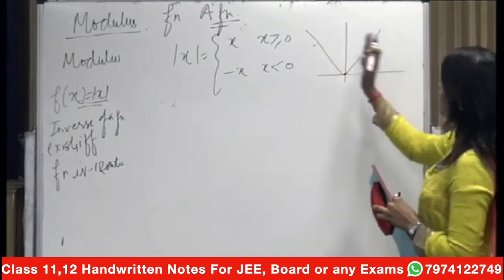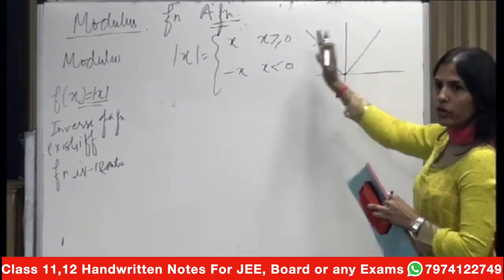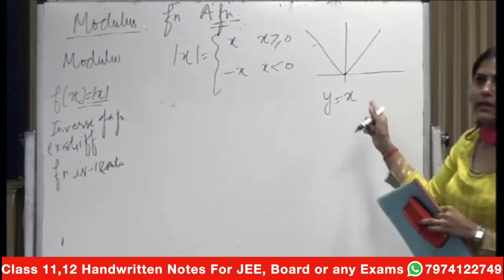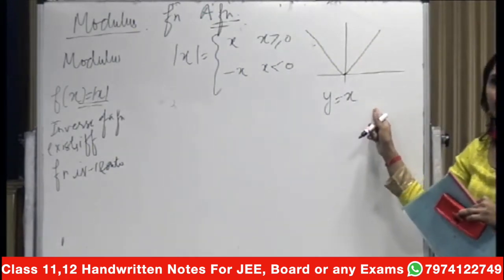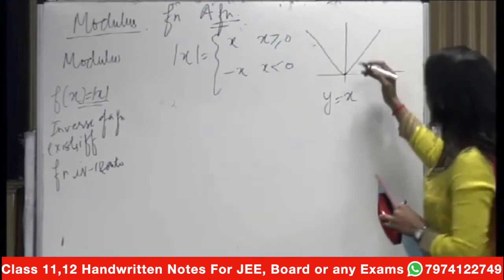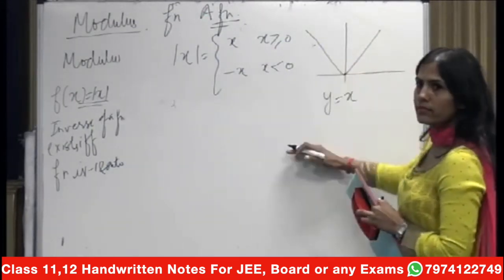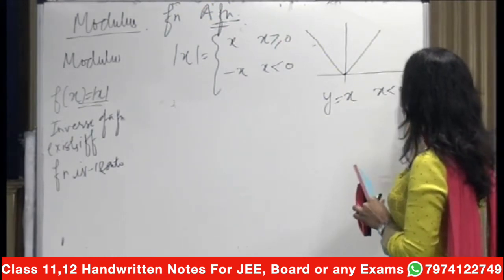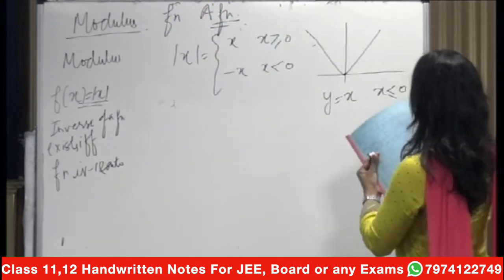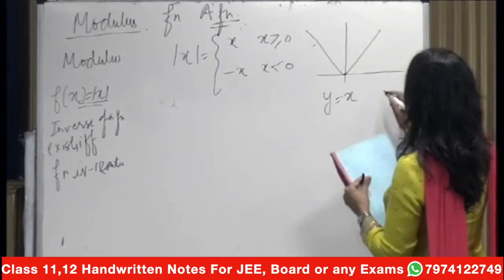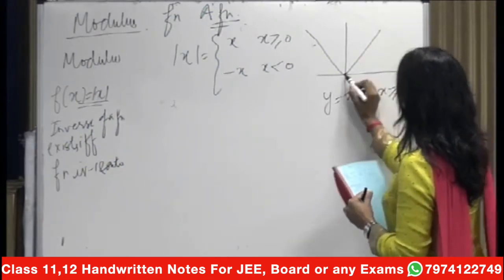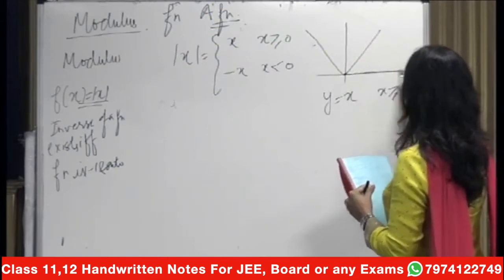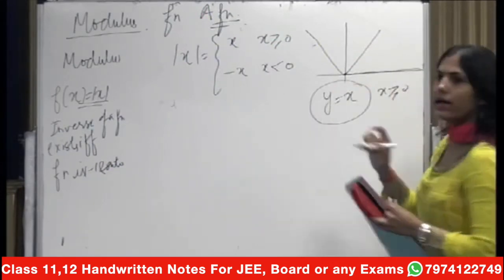It means for these values our line is y equal to x, the line which makes a 45 degree angle with the x axis, and we will not go down for x greater than or equal to 0. For all positive values you start from here, and y is equal to x.